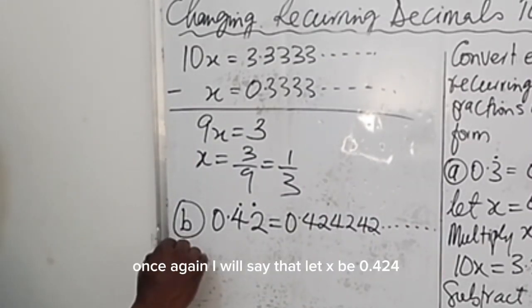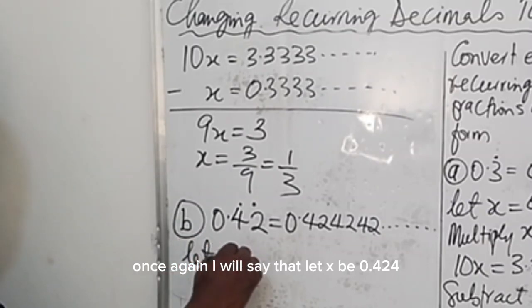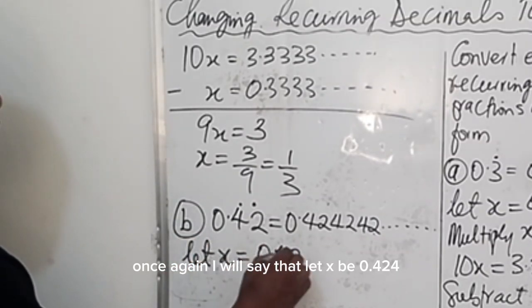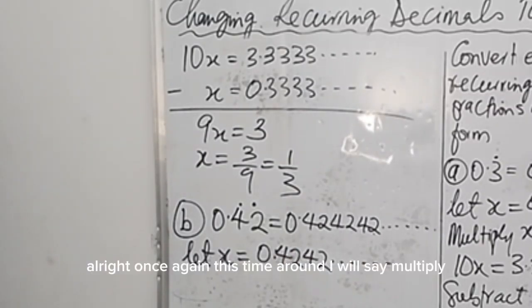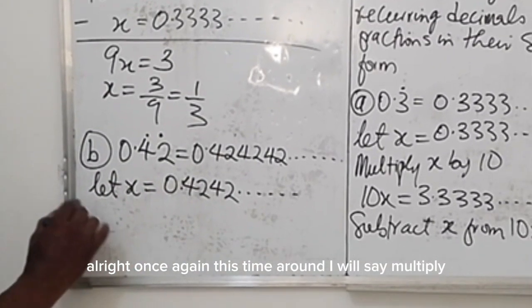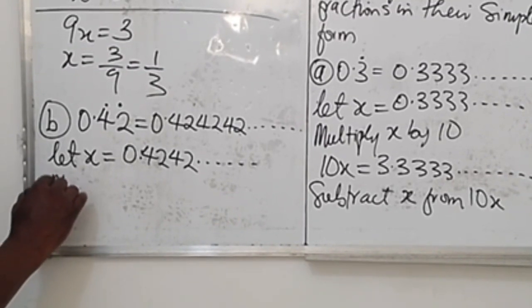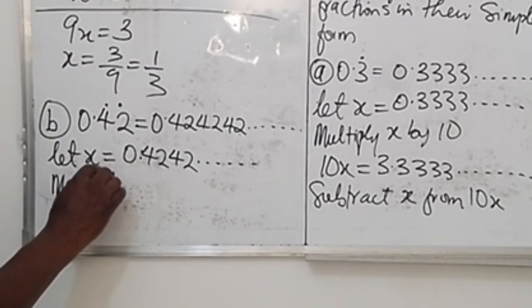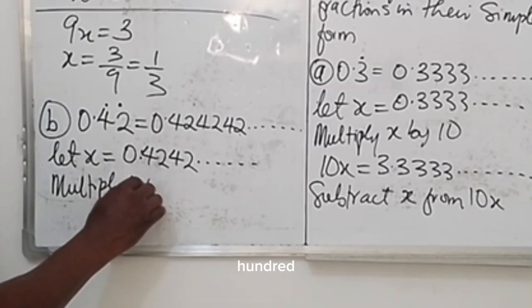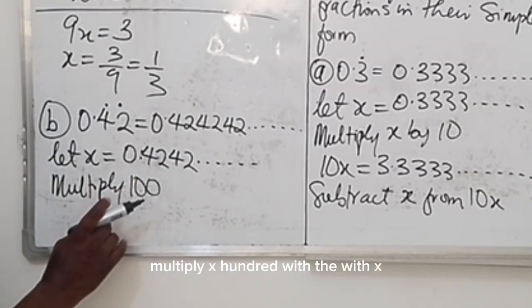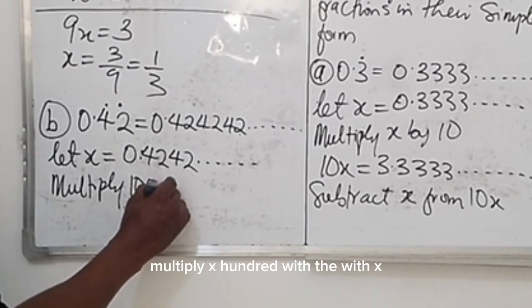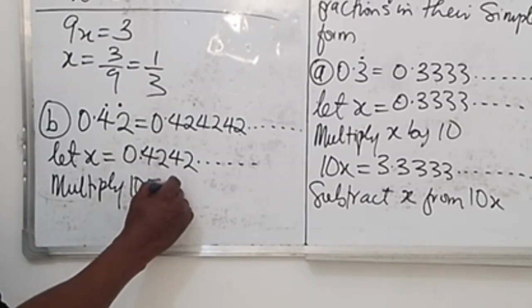Once again, I will say let x be 0.4242 dot dot dot. All right. Once again, this time around, I will say multiply x by 100.